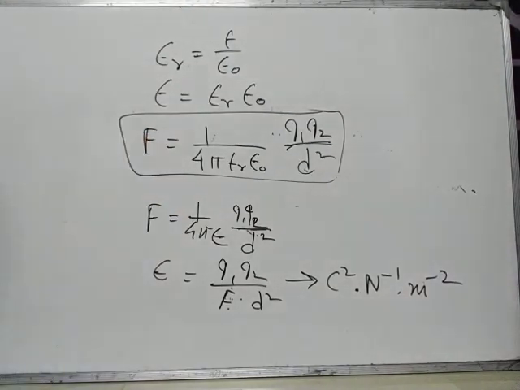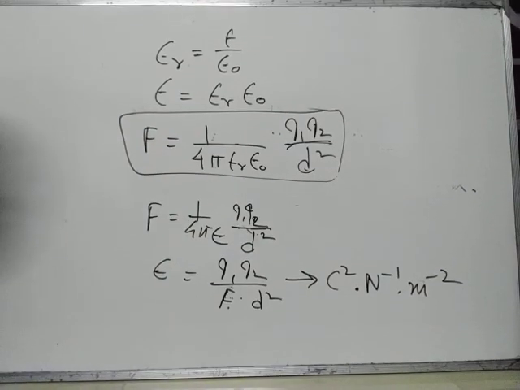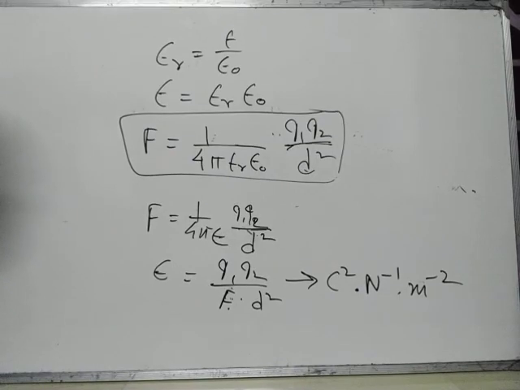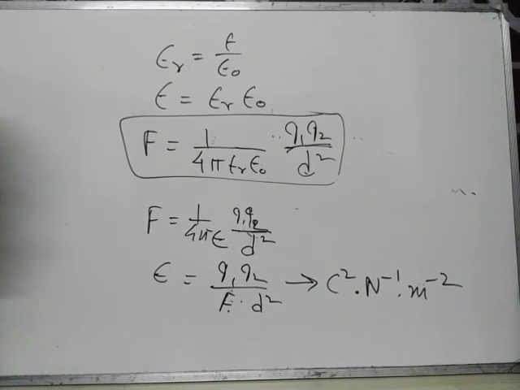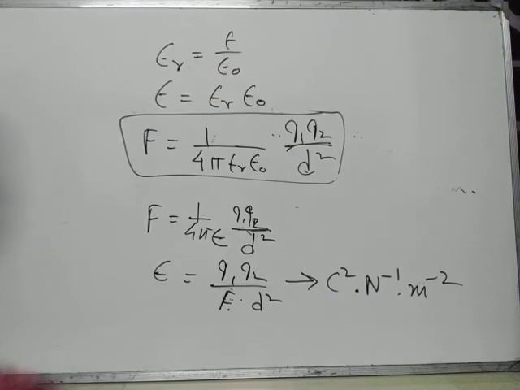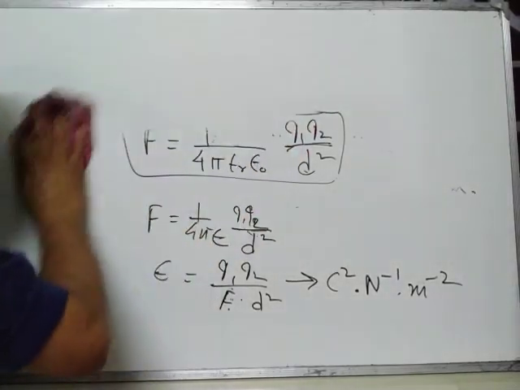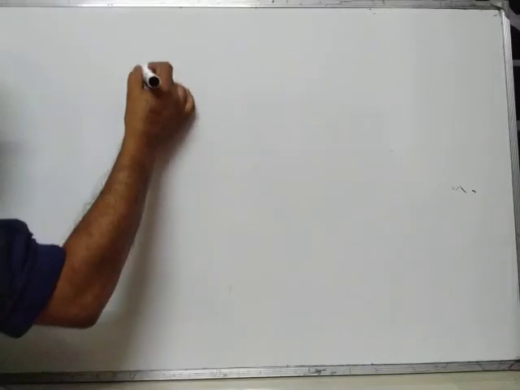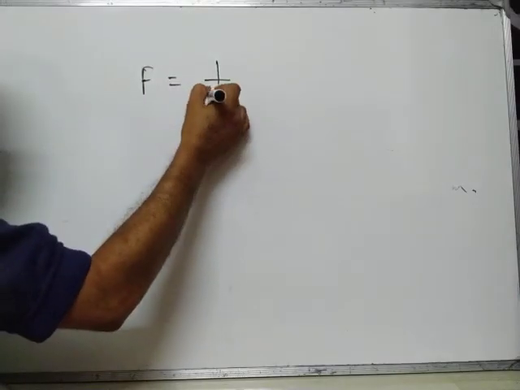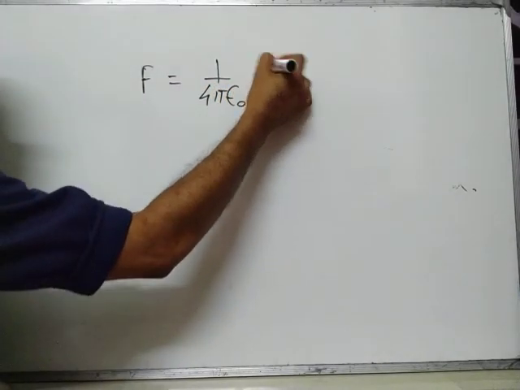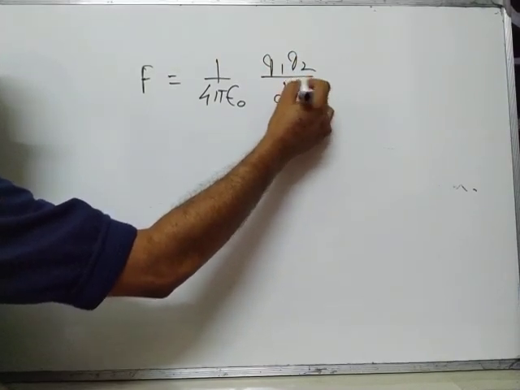From the equation of Coulomb's law, we may define 1 Coulomb charge. What is the value of 1 Coulomb charge? F equals 1 by 4 pi epsilon 0 q1 q2 by d square.